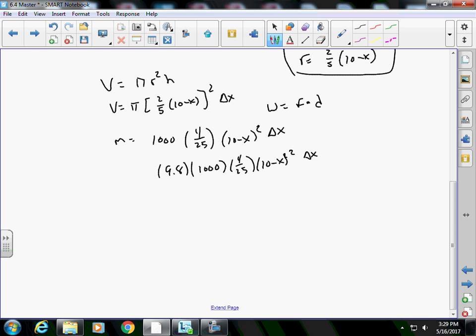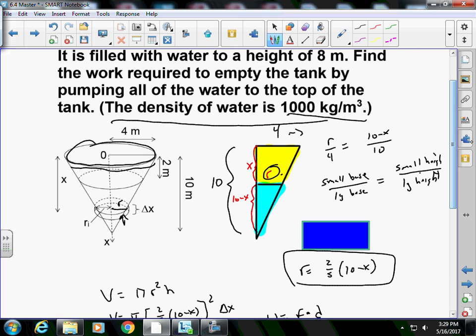So now it's time to evaluate this. I have 9.8 times 1,000 times 4 over 25. I'm going to integrate. Well, where am I moving? What's interesting is I'm going from here, that's 0, that's 2, and that's 10.